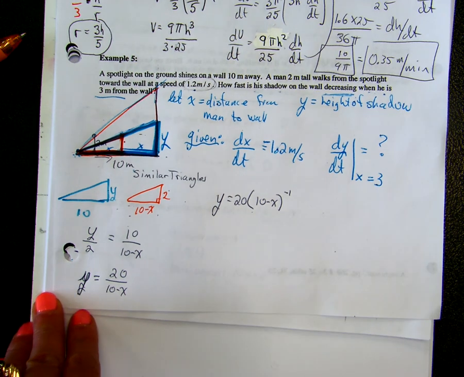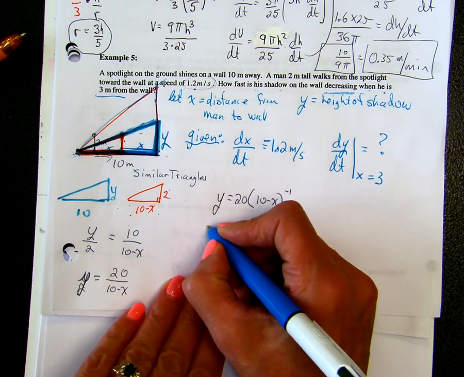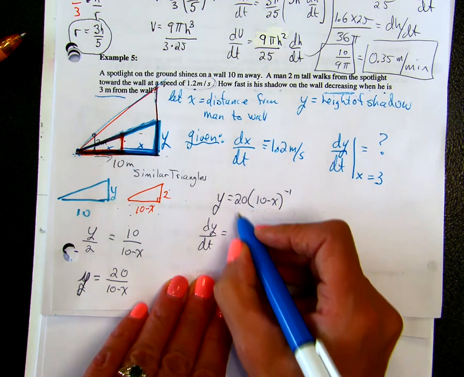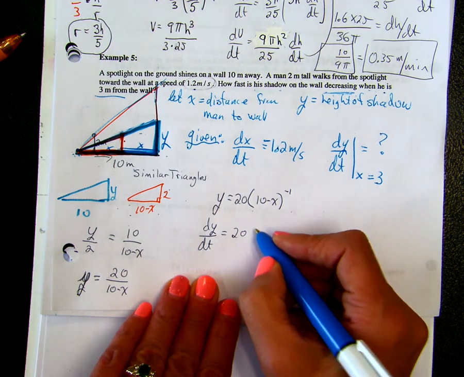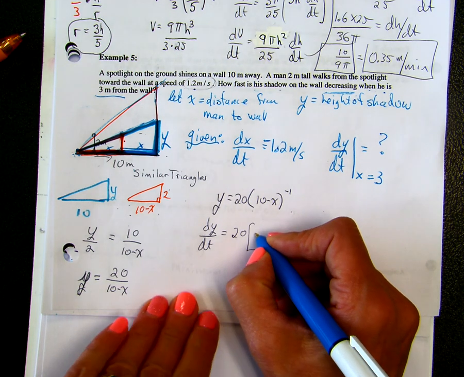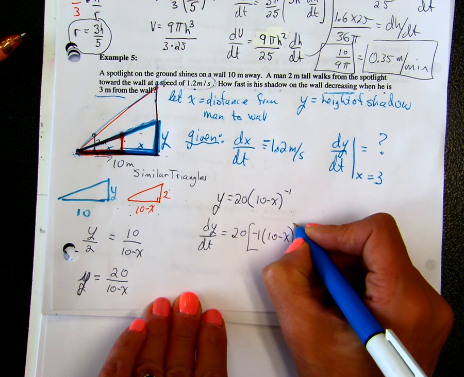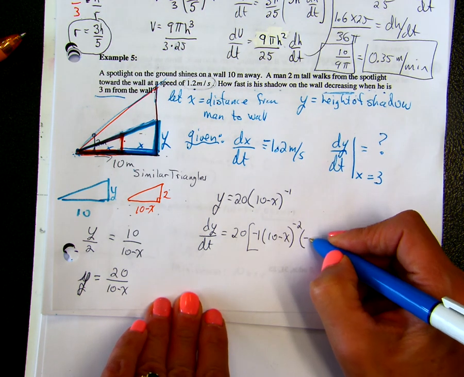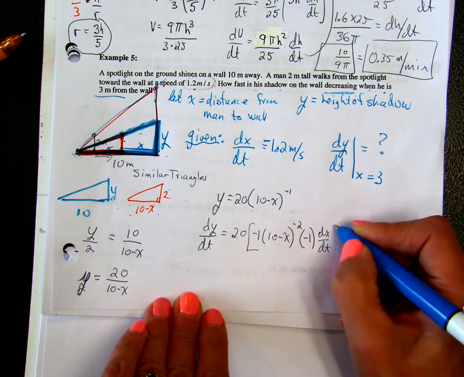Since I'm trying to find dy/dt, we're going to differentiate both sides with respect to time. So the derivative of y with respect to time will equal the derivative of this side with respect to time. Pull the constant out in front. The derivative would be negative 1 times (10 minus x) to the negative 2, chain rule, times the derivative of the inside function, negative 1 dx/dt.